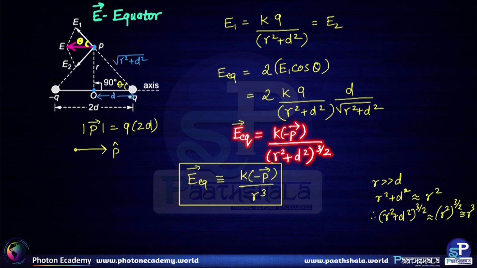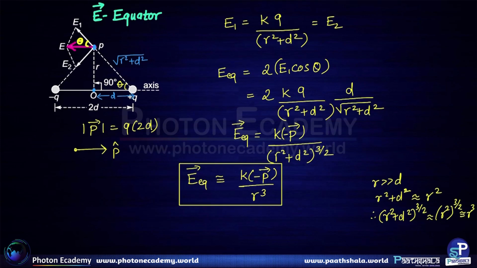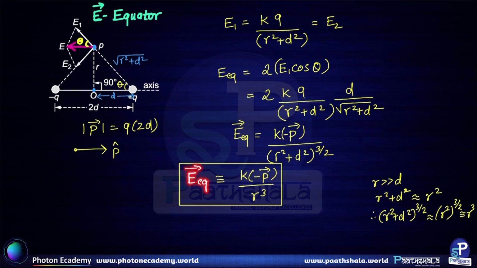Why 3 by 2? Because this is r square plus d square in the previous step, and this is r square plus d square raised to half. According to the laws of indices, 1 plus half gives us 3 by 2. Thus E equator will be approximately equal to k times minus p vector divided by r cube. Why?